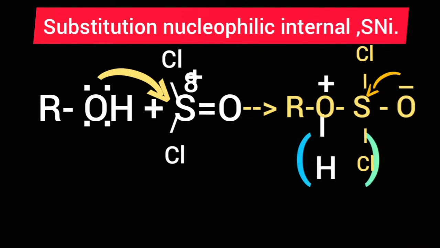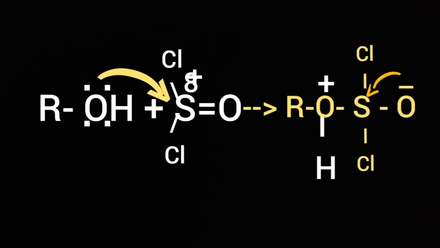Here alcohol is a nucleophile because oxygen is electron rich. SOCl2 has an electron deficient center. Sulfur being electron deficient needs electrons. So the lone pair on oxygen of alcohol forms a bond with sulfur of thionyl chloride.